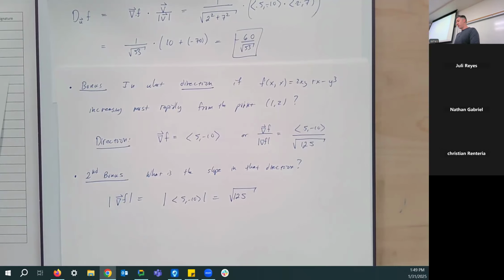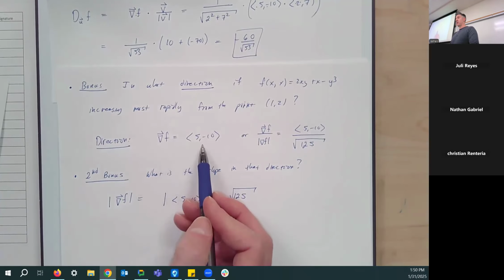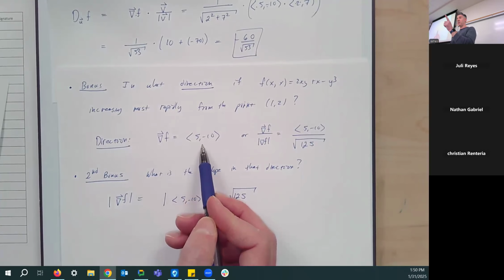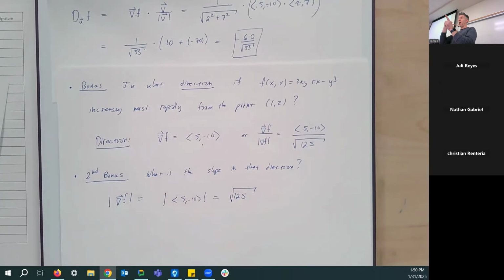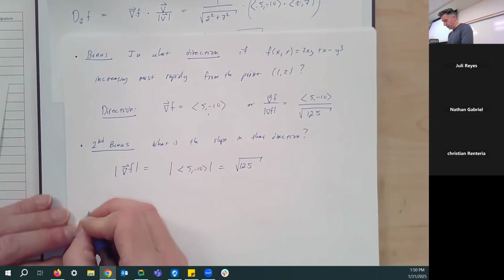So let me ask you quickly, if I asked you instead, in what direction were we having the maximal decrease or the most rapid decrease, what would I do? I would take my vector that was in the direction of the maximal increase and turn around. Everything becomes the negative of what it was. So I'll just write it down here.